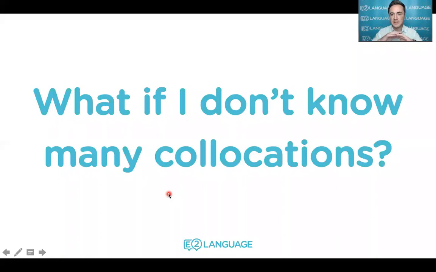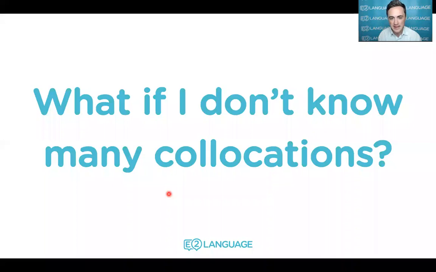Now, there are literally thousands of collocations in English, tens of thousands. So, well, what do you do? You should start to learn them. If you log into e2language.com, click on PTE, click on vocabulary, and there's a collocation word list that you can download.